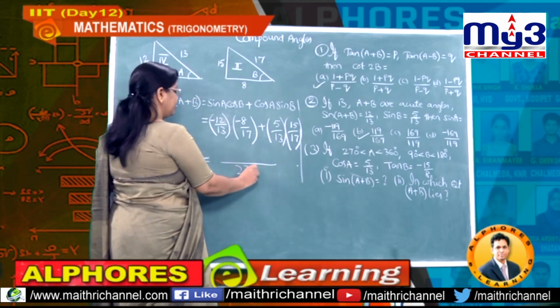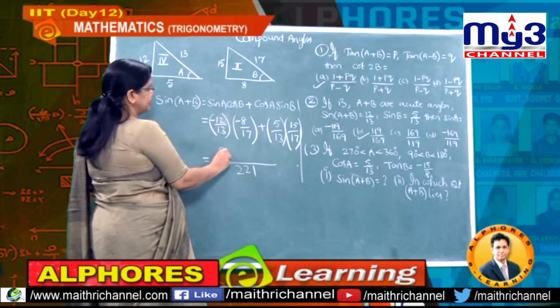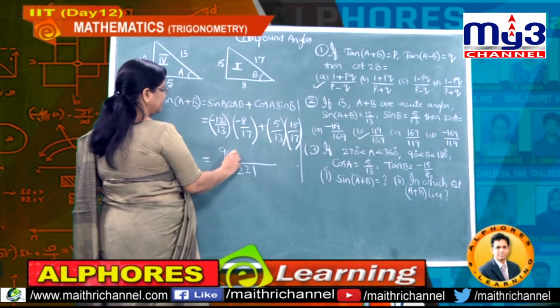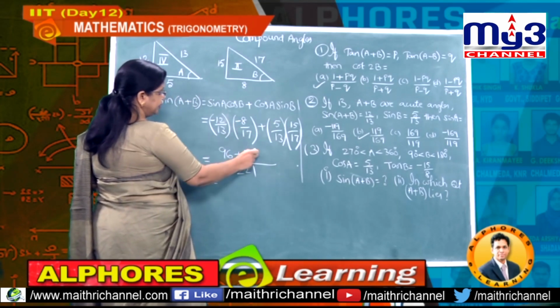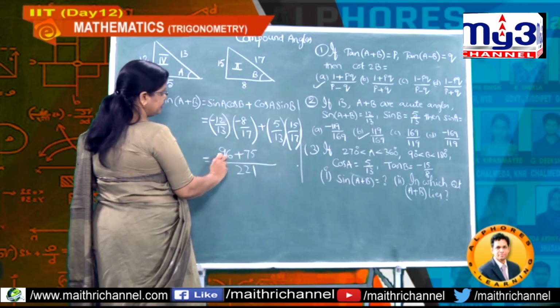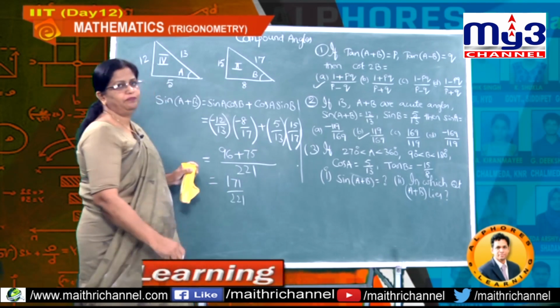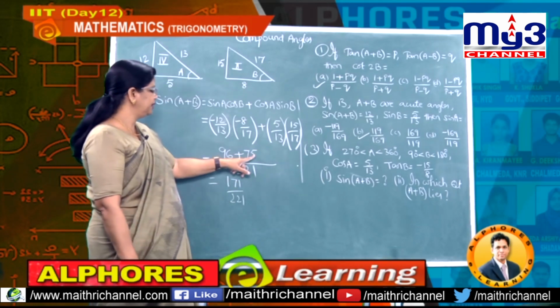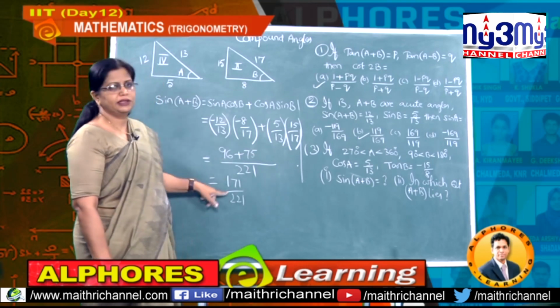So the denominator is 221, the numerator is 96, and this value is here plus 75, and therefore you got 171 by 221. Got it? So now you got this value, and therefore this is the answer you got for sin of A plus B.